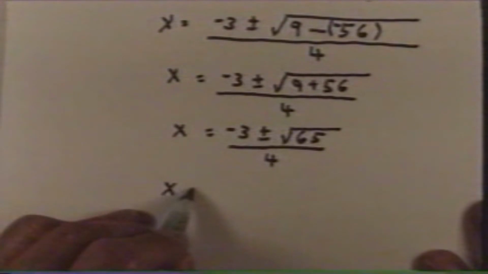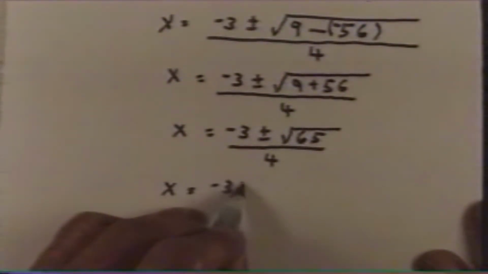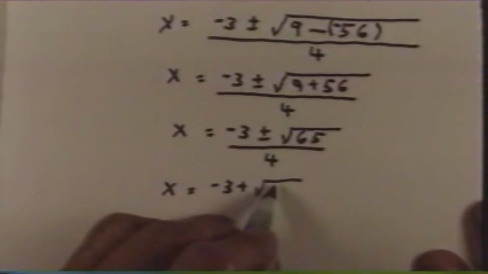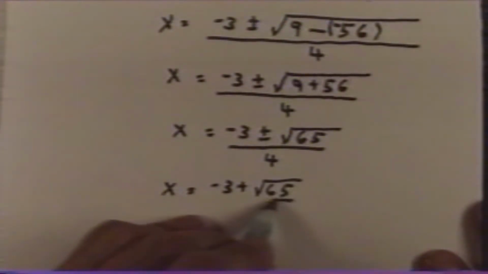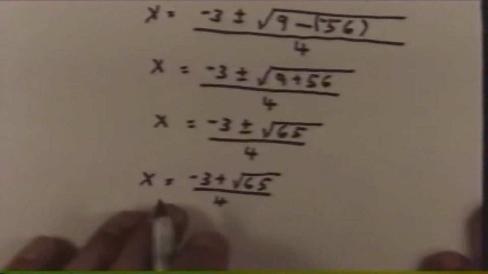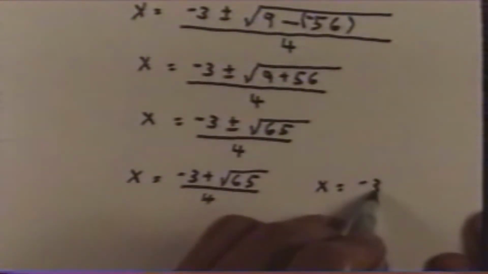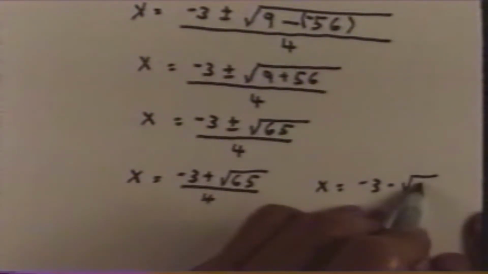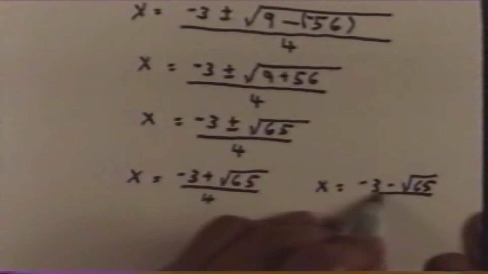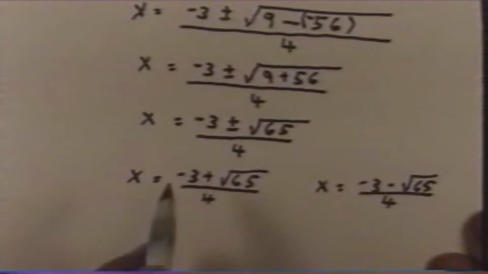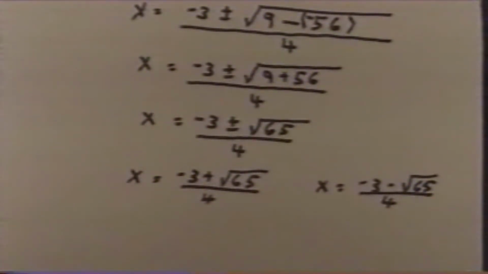I can write this as x is equal to negative 3 plus the square root of 65 over 4, or x is equal to a negative 3 minus the square root of 65 over 4. Now, these are the two exact answers.